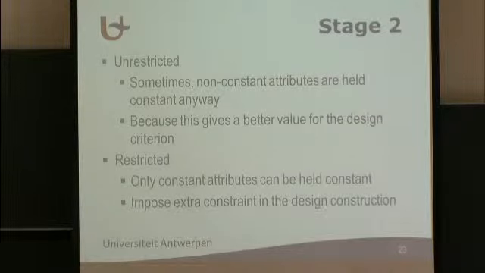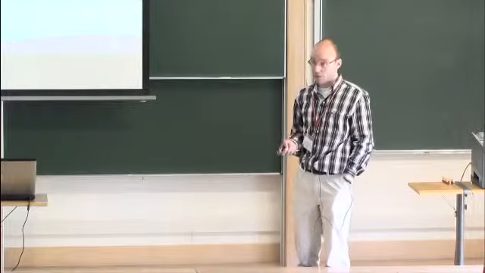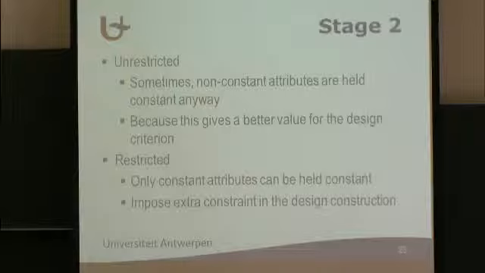So in that restricted approach, only the constant attributes are constant. The attributes that you want to be non-constant, they should be non-constant. So that's stage two, unrestricted versus restricted.